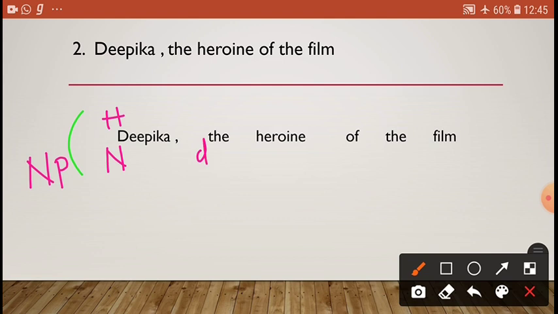The is the determiner, heroine is noun, of is preposition, the is determiner, and film is noun. Okay.